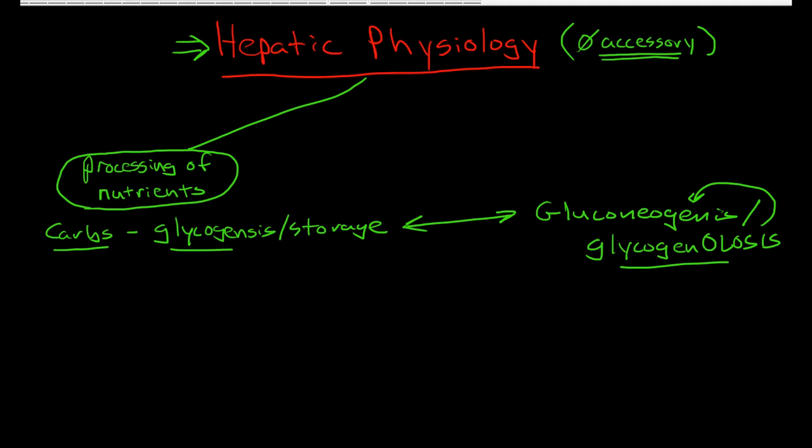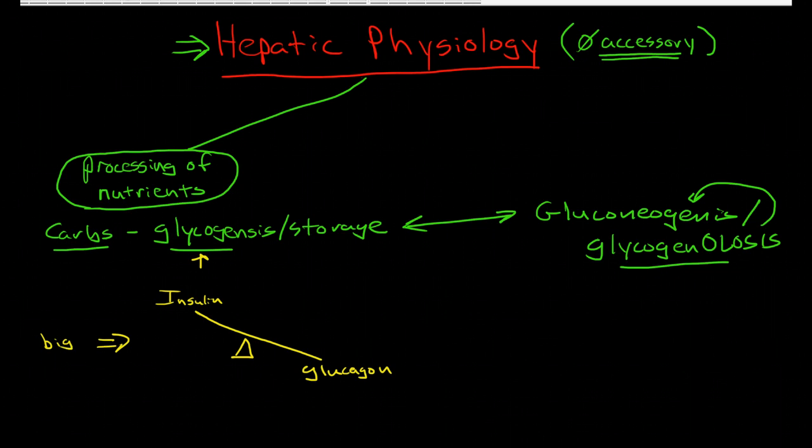Now, this is all mediated by insulin and glucagon. When we are in a state where we are making glycogen, we have a lot of insulin and not very much glucagon. So when does this happen? Well, this happens right after a big meal.